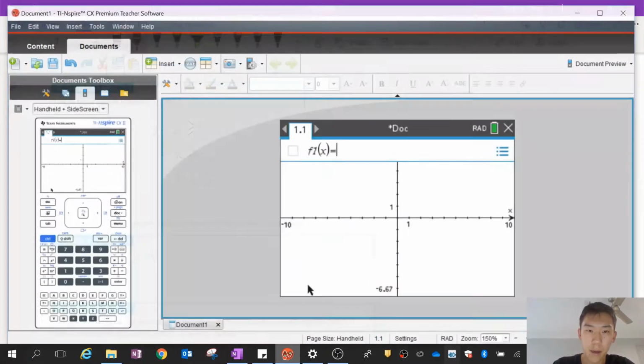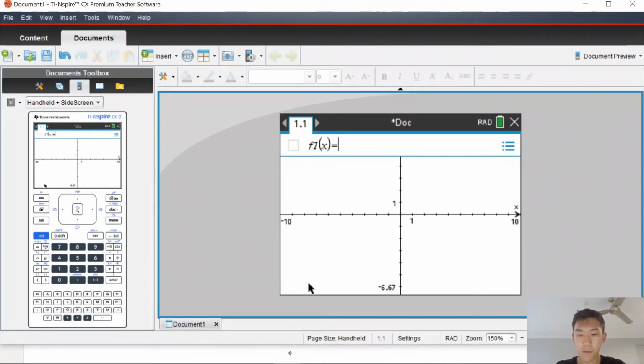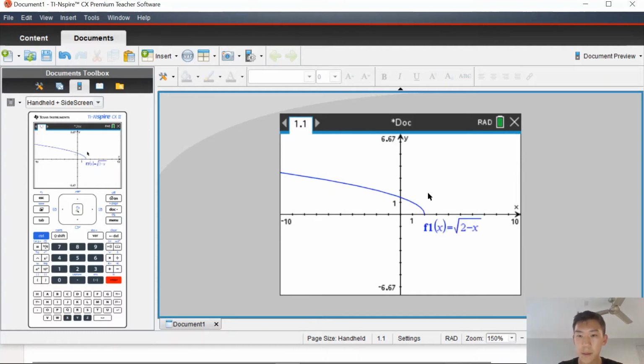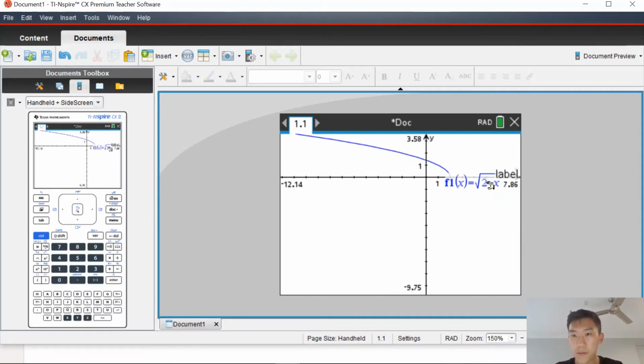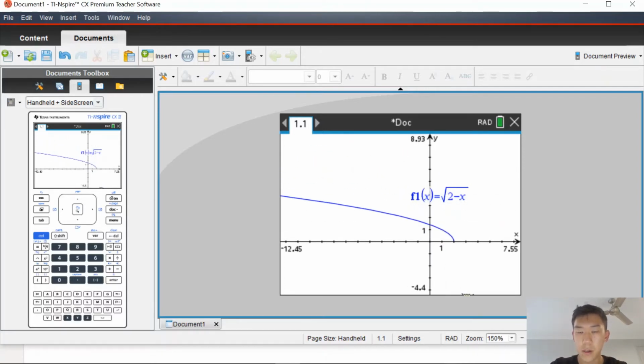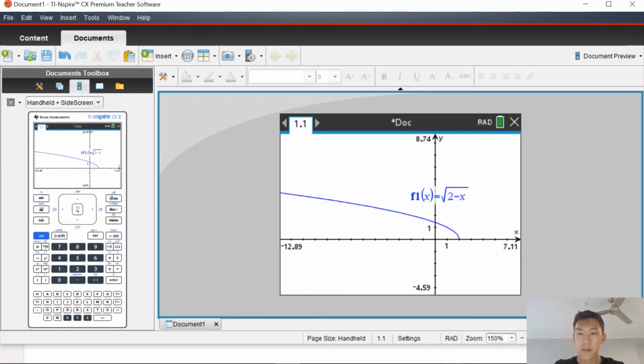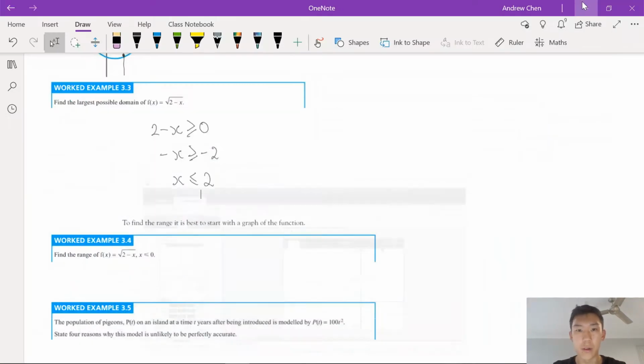If I pull up my graph and graph this function, you'll see that the graph does not exist when x is bigger than 2. So that's confirmed our result.